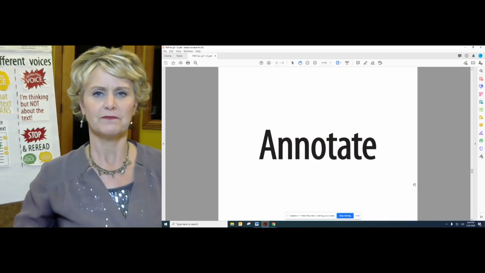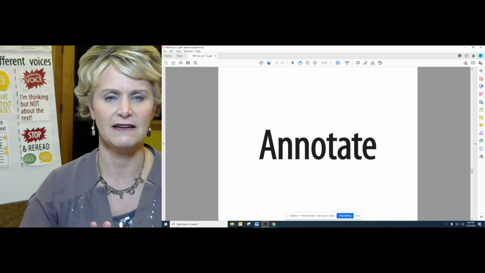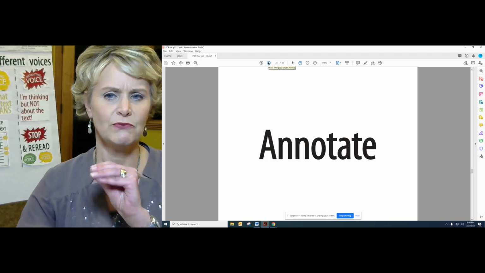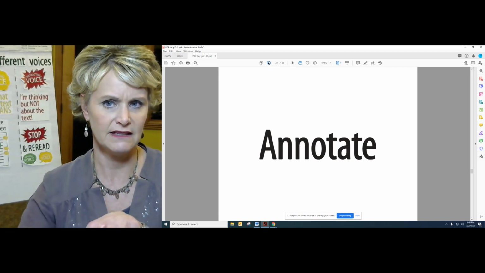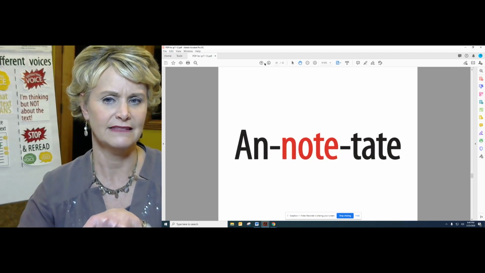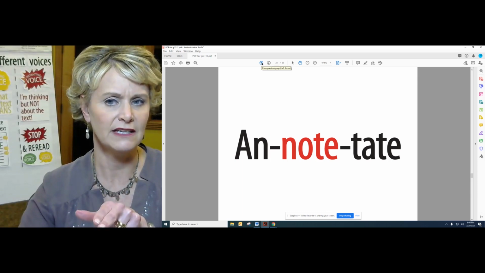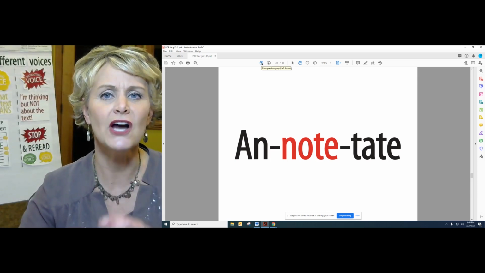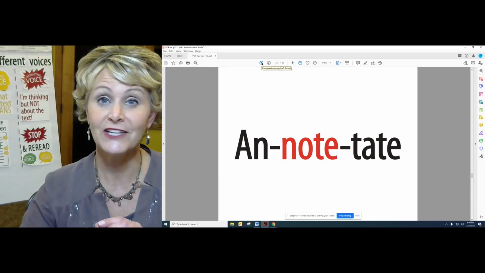Look on the screen for a minute. See the word annotate there? Okay, now I'm going to show it to you in another way. The word note is in annotate. I mean, they took out the E, but the whole point of annotation is to make a note. If you just highlight, you're not annotating, you're highlighting.